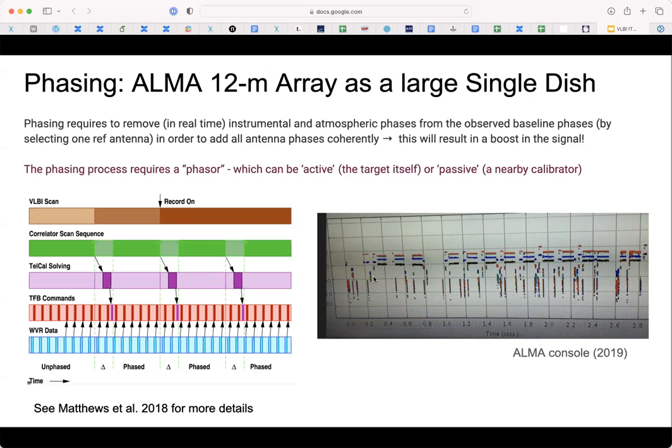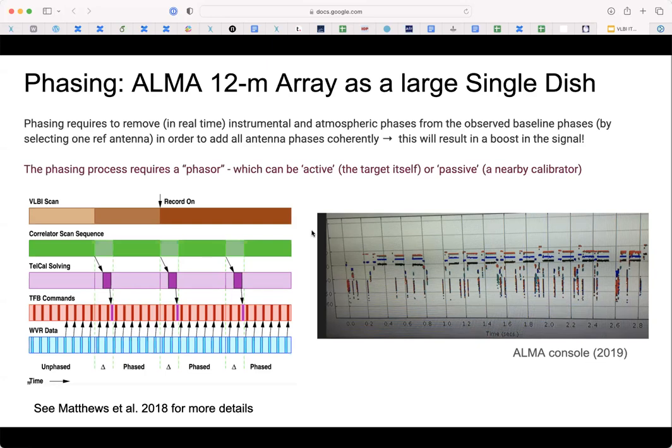After applying phasing, the signal goes up when you add it. And of course, this shows for different basebands and polarizations that the phasing efficiency is typically very high, and it corresponds to one single dish.